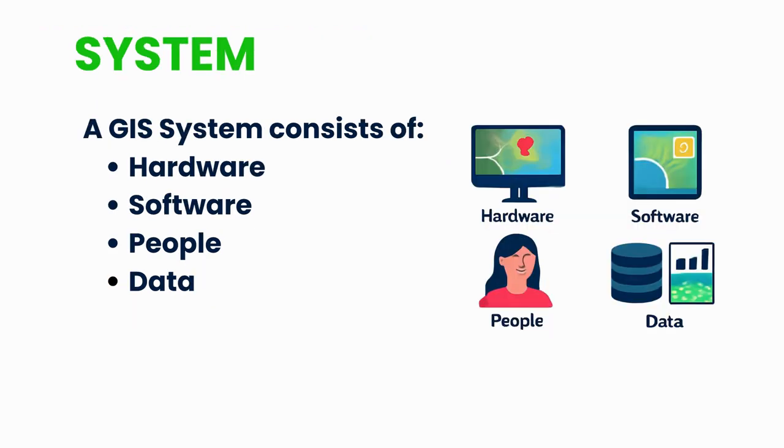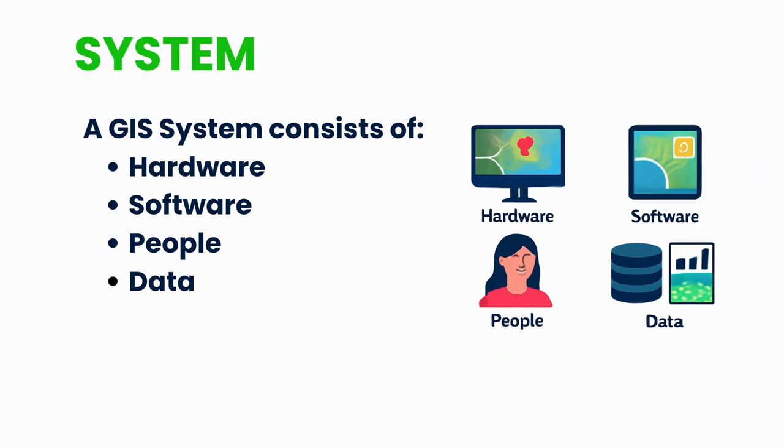Now comes the last word, system. A GIS system consists of hardware, software, people, and data. It simply means different things working together. Think about your mobile phone. It has hardware, software, internet, and you, the user.